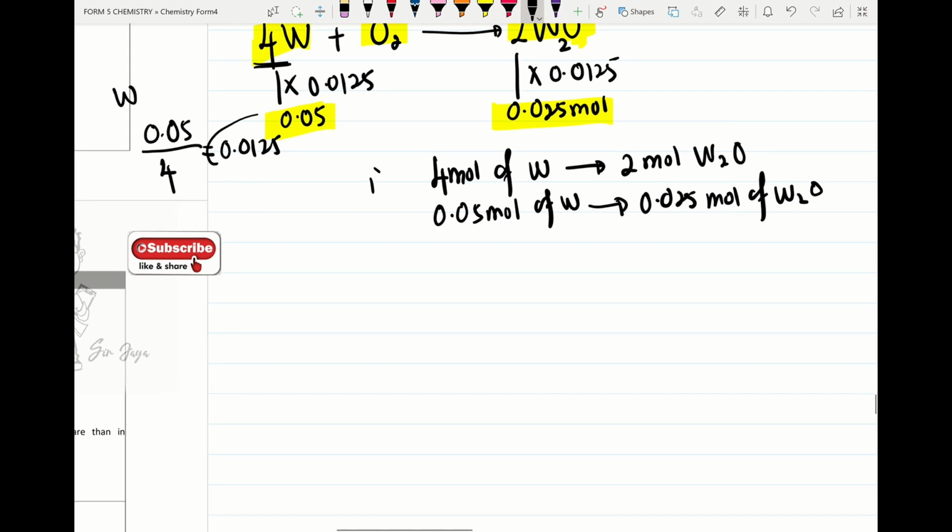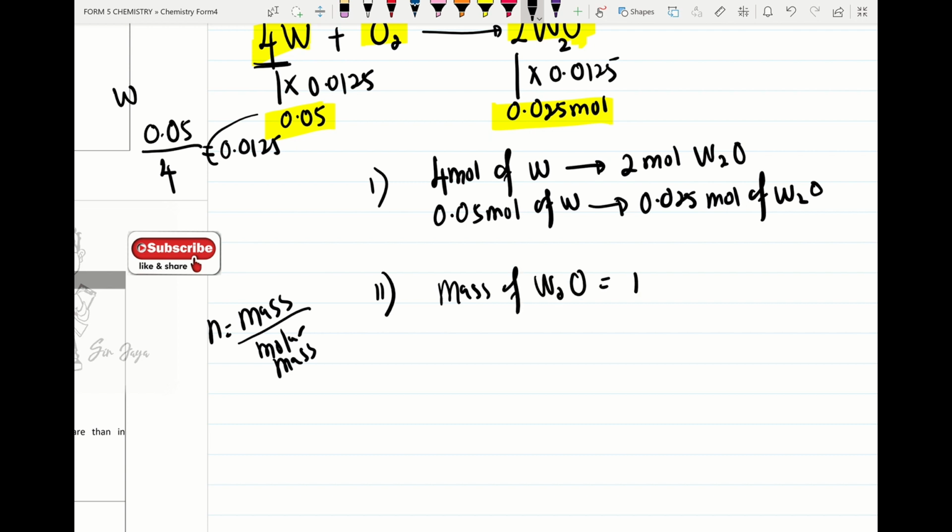Alright, so next step, we try to find the mass of W2O. So we use this formula, mass over molar mass. We rearrange the formula, we take the number of moles of W2O times the molar mass. So the number of moles given here is 0.025 times the molar mass of W2O.